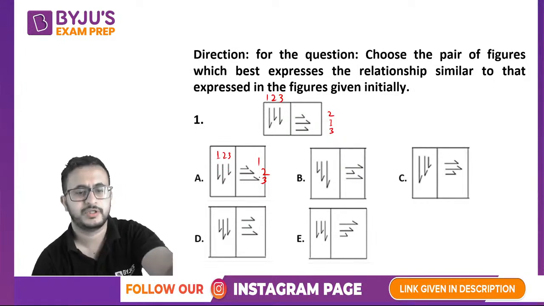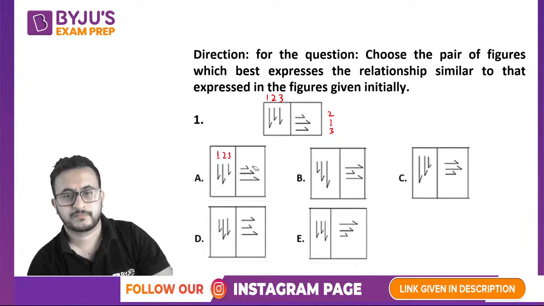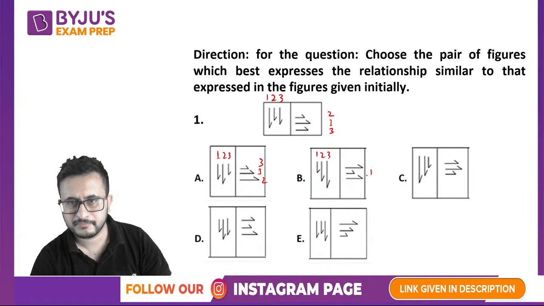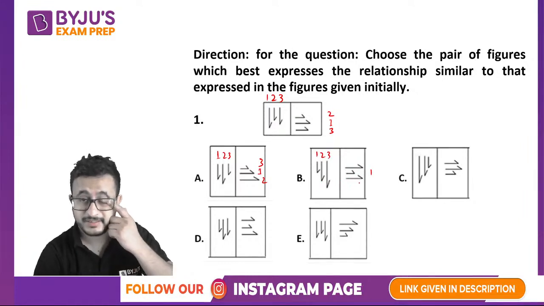This is one, sorry, this is one, this is two, this is three. Okay, so that is not correct. So 1, 2, 3, 1 is the smallest, that is at the center. This is the middle length. This is difficult to identify.